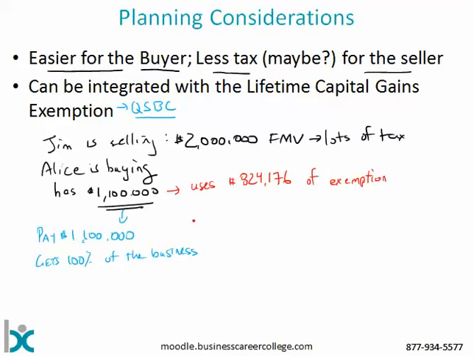That means that this year Jim pays tax on a capital gain net after all of this of $275,824 in 2016.